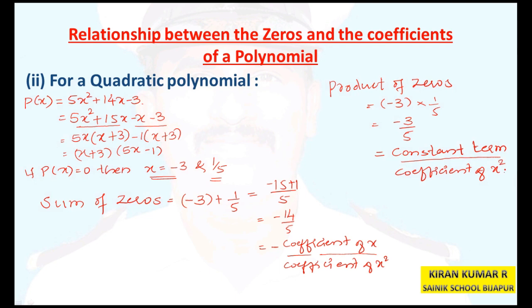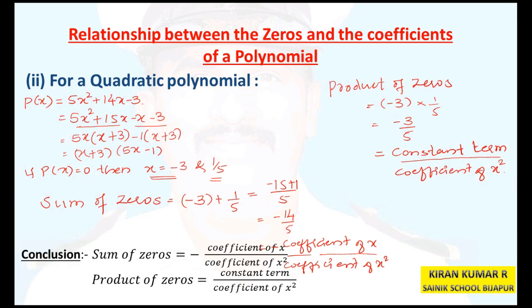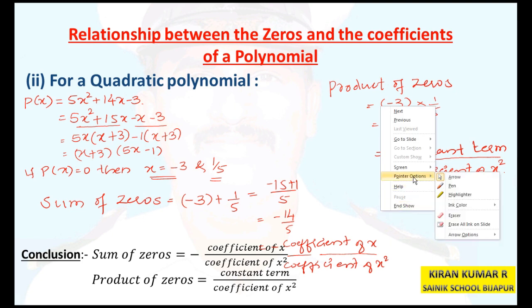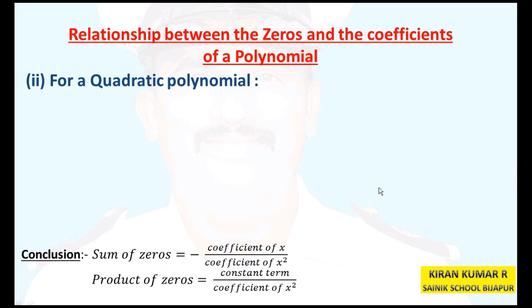So what is the conclusion? We can conclude that sum of zeros is minus coefficient of x upon coefficient of x square, and the product of zeros is constant term upon coefficient of x square.